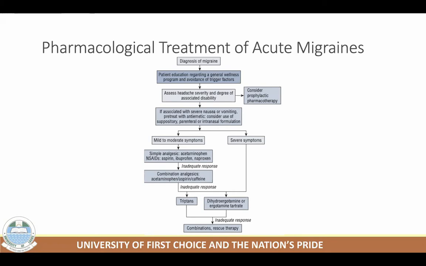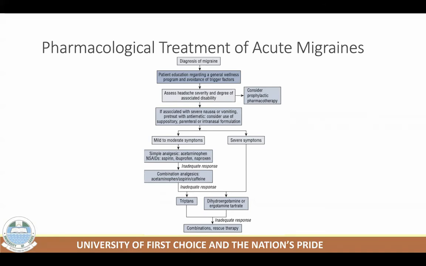If that helps, then you begin to consider the pain symptoms, right? We mentioned that there's no mild pain related to migraines. This is only relative. In terms of mild to moderate migraine symptoms, simple analgesics are still useful.